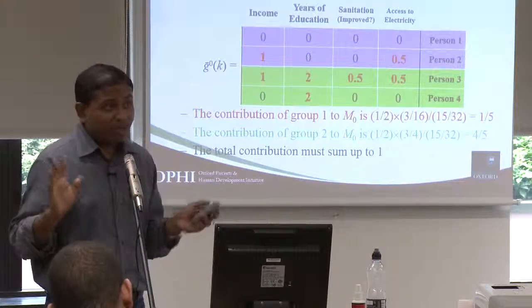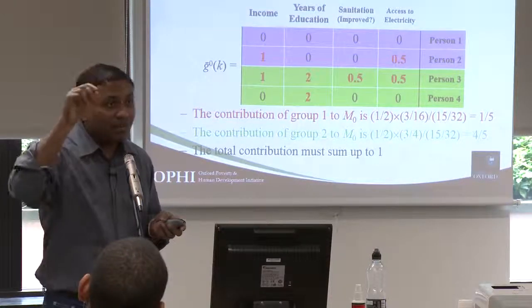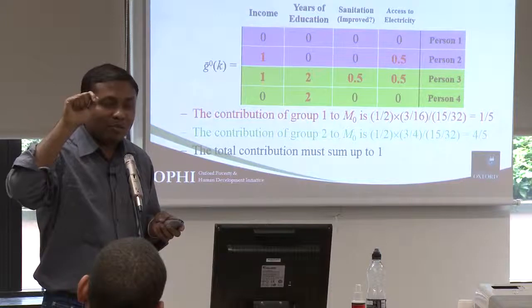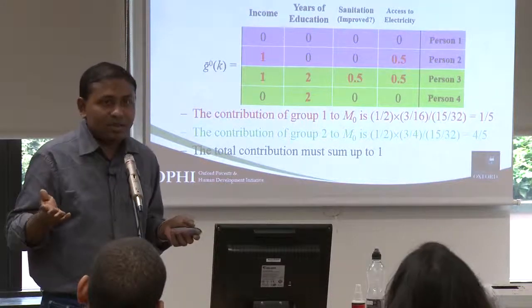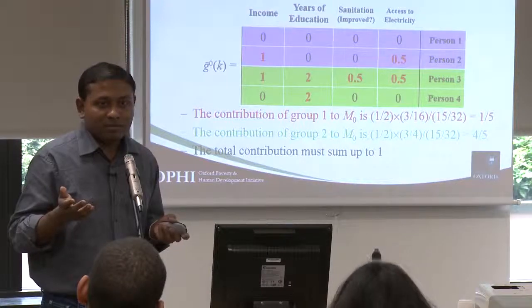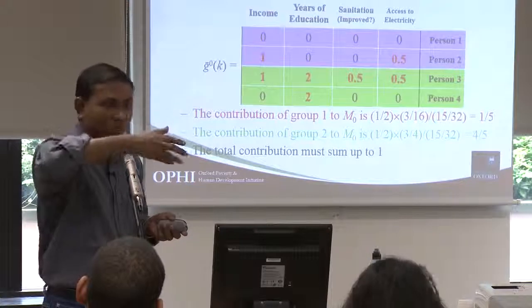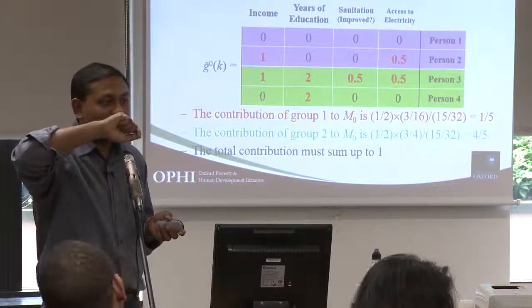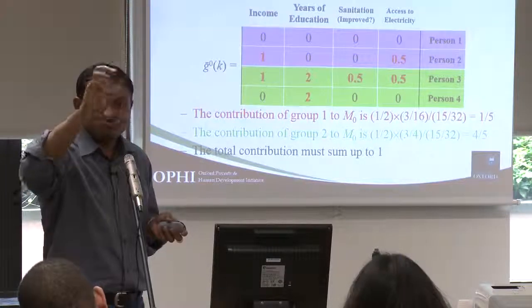Suppose you have one column where you have the population share, and in the next column you report the contribution of a group to overall poverty, and you get identical results. What does it mean? Suppose you have identical elements in these two columns. One column has the population share of different groups, and the other column has the contribution of each group to overall poverty.